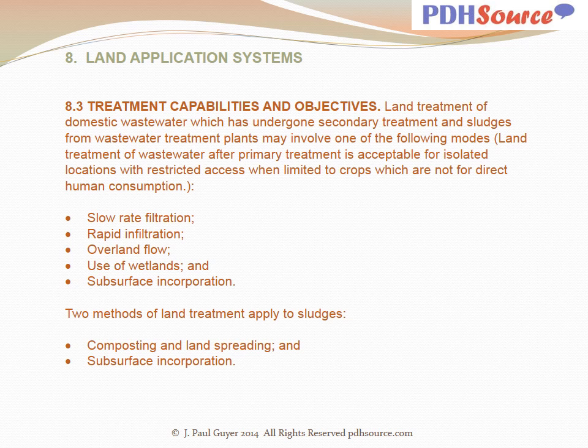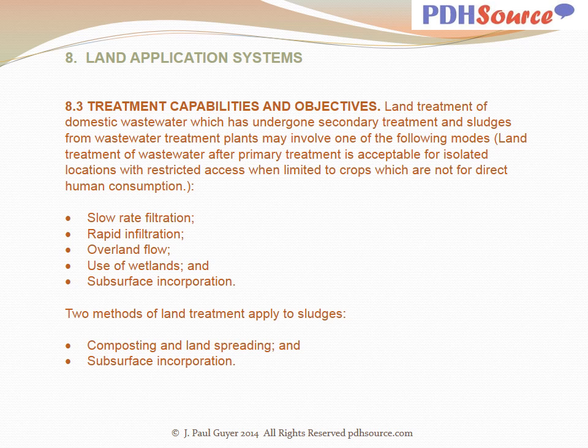Land treatment of domestic wastewater which has undergone secondary treatment and sludges from wastewater treatment plants may involve one of the following modes. Land treatment of wastewater after primary treatment is acceptable for isolated locations with restricted access when limited to crops which are not for direct human consumption.